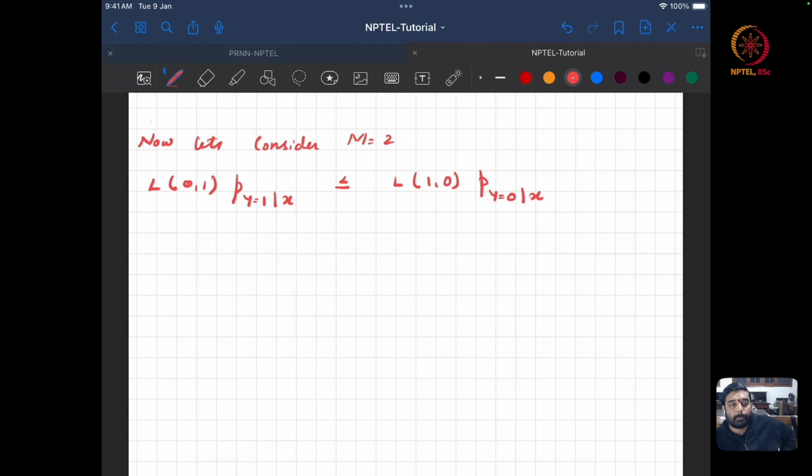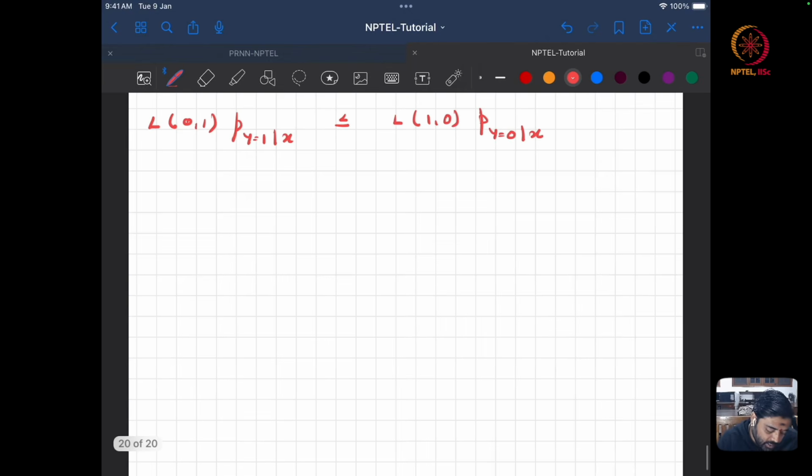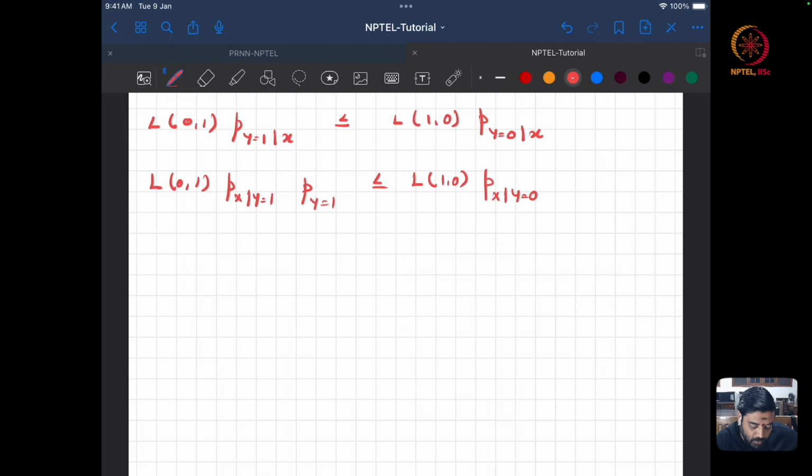Now the posterior, by Bayes rule, I can decompose into loss 0, 1, x given y is equal to 1 into the prior y is equal to 1, less than loss 1, 0, x given the class conditional into the prior.